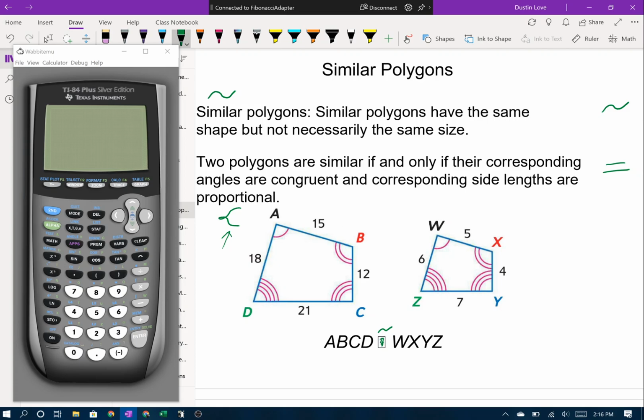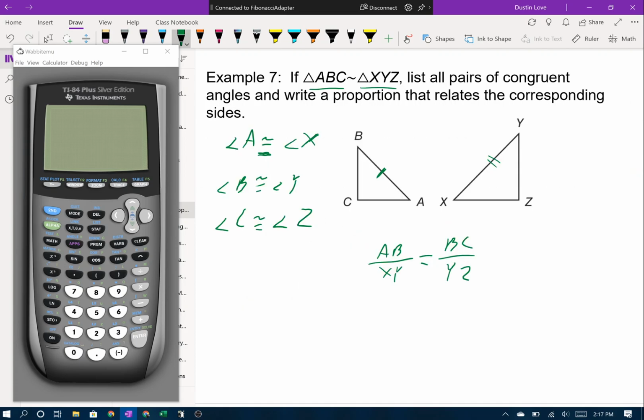That's going to equal BC over YZ, which is equal to AC over ZX. What I'm saying there is that AB and XY are not the same size, but if I divide them, I will get the exact same ratio as if I took BC and divided it by YZ, which is the exact same ratio as if I divided AC by ZX.